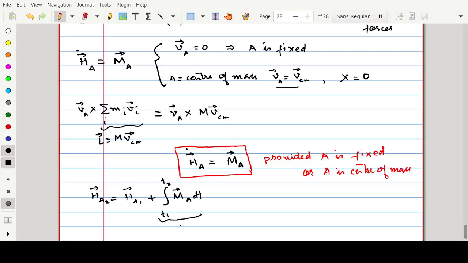So this is JA, and if external moment, net external moment about some point A is 0, then angular momentum is conserved about that point, provided that point is either center of mass or a fixed point. All right.